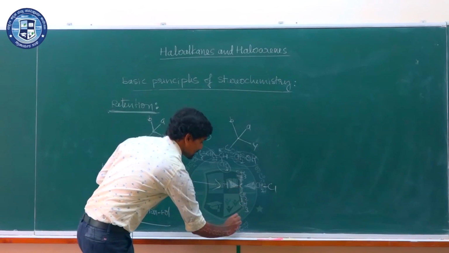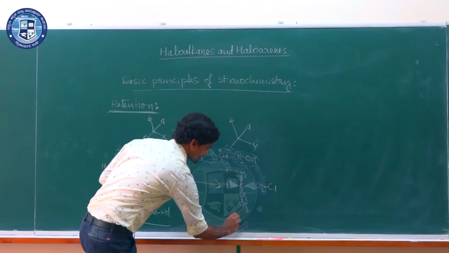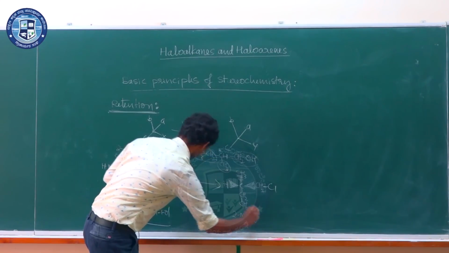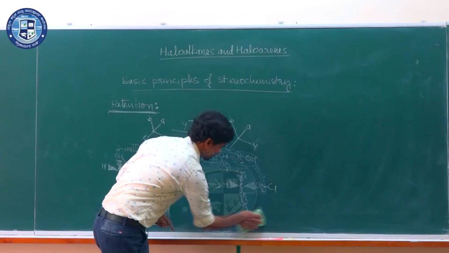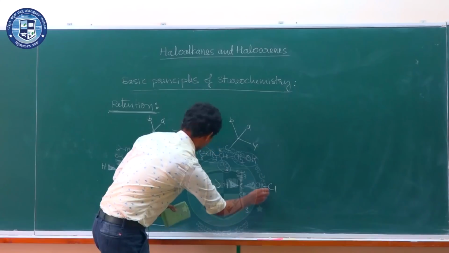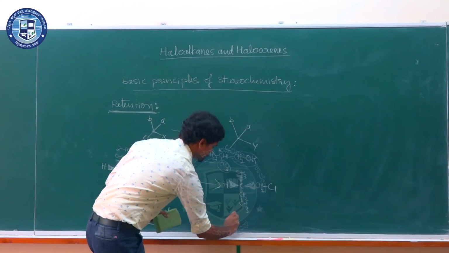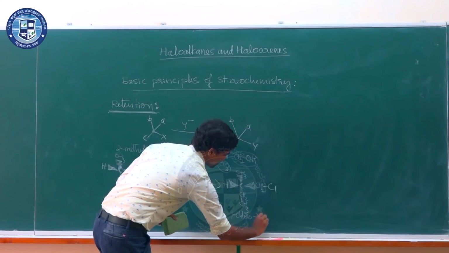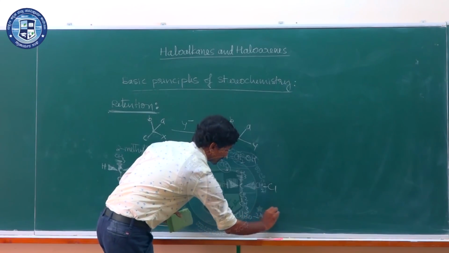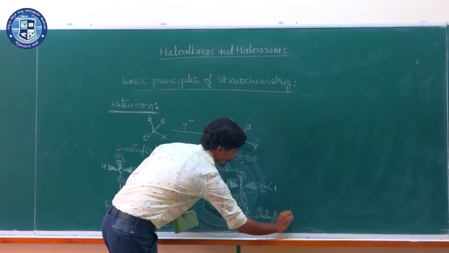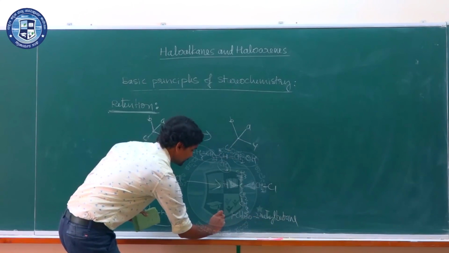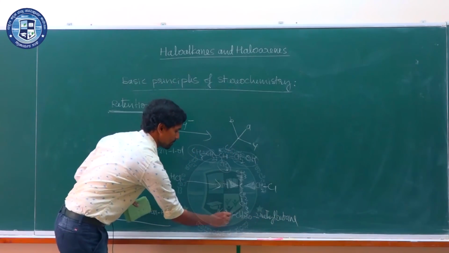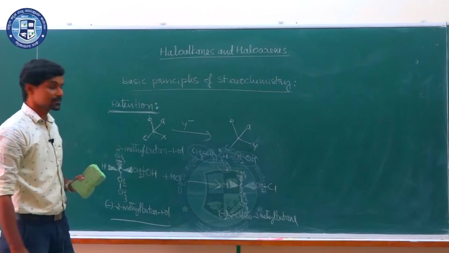Because of that, this product, where chlorine is there, is 1-chloro-2-methyl butane, and it will have similar optical activity.